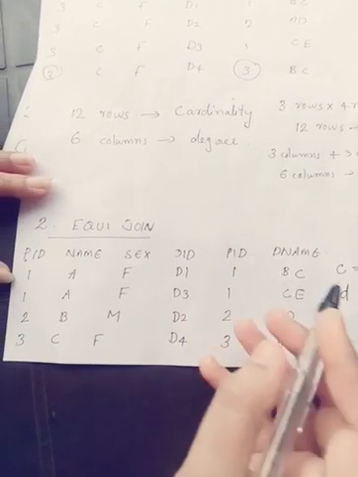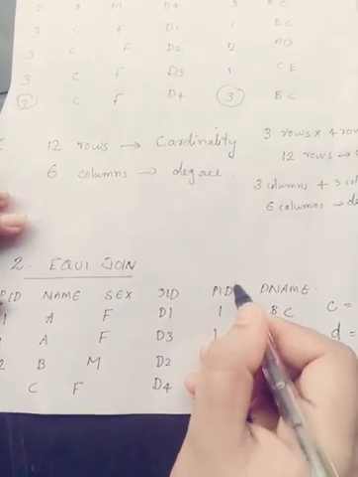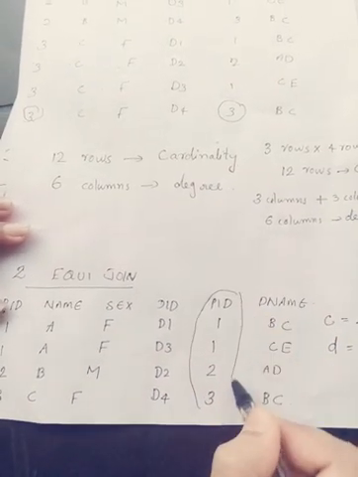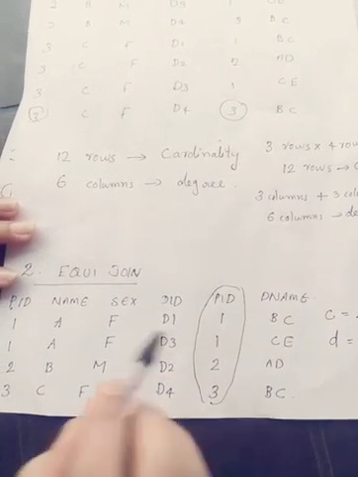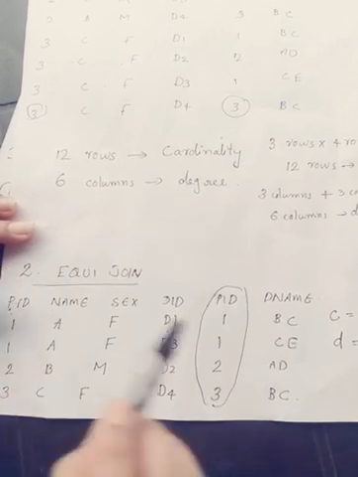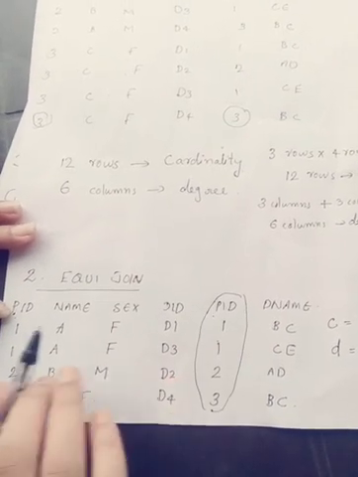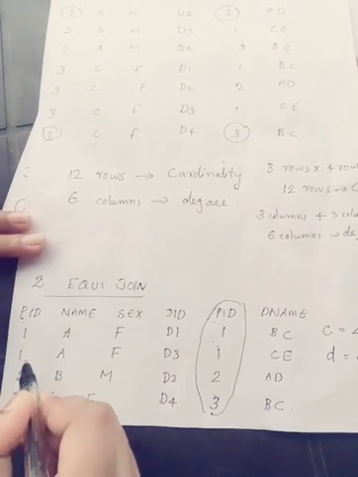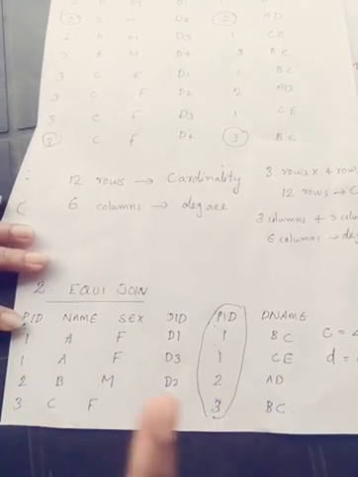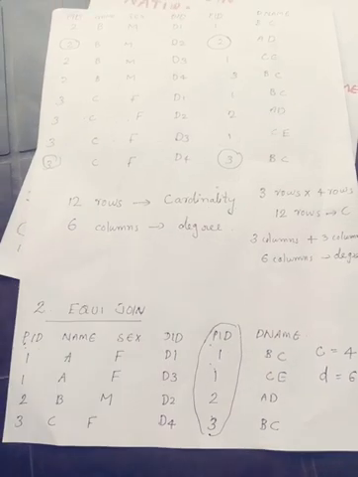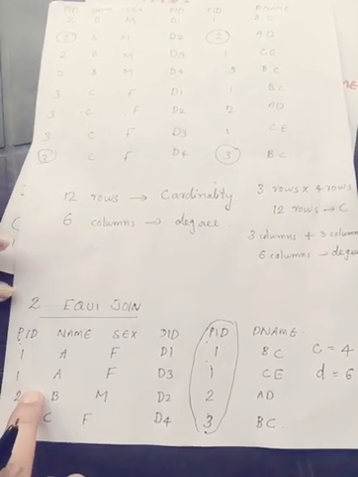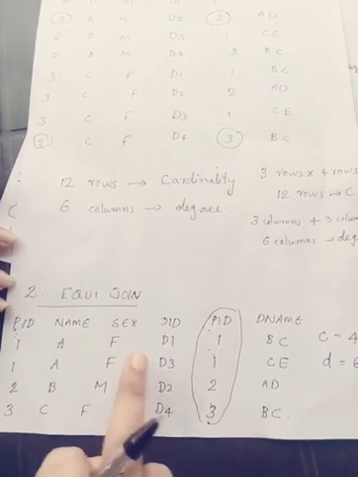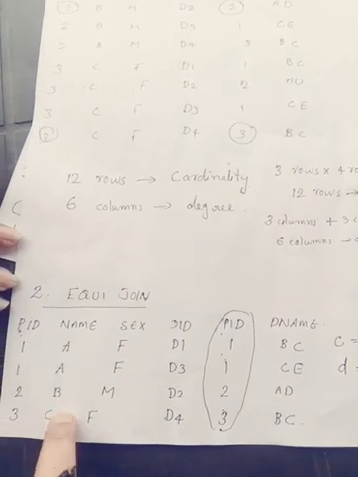So here one column should be removed. Both columns are the same, so instead of these 2 duplicate columns, we write only 1 column. That is the only difference between equijoin and natural join. All the others are the same. So your output should contain only 5 columns and 4 rows.